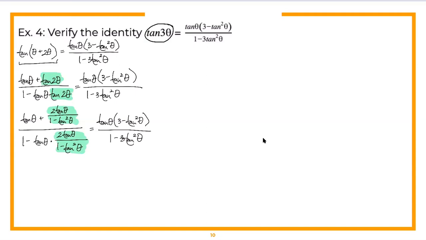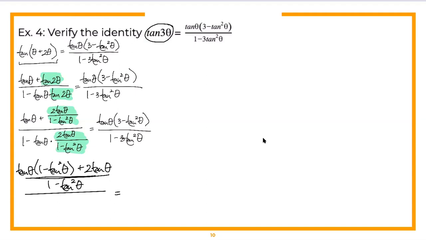All right, common denominator on the top is going to be 1 minus tangent squared. Let me just draw that big fraction line. So I've got 1 minus tangent squared theta. That means I will have tangent theta times 1 minus tangent squared theta plus 2 tan theta.